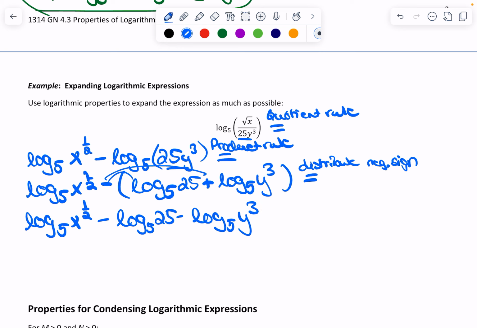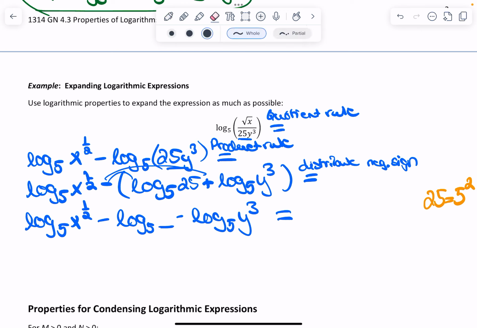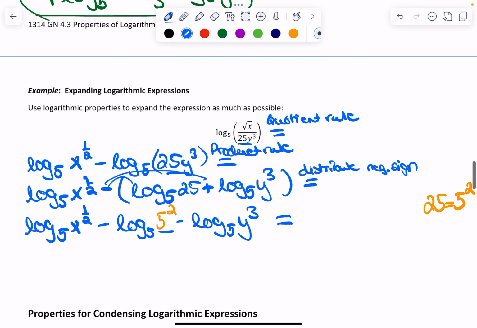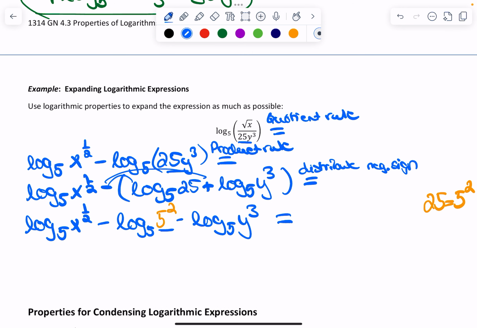And now we have all these exponents. Actually, before we get rid of the exponents, we're going to rewrite this 25 with an exponent as well. 25 is the same thing as 5 squared, right? So I'm going to go ahead and change this to 5 squared. Now we are going to use the power rule and bring the exponents to the front.